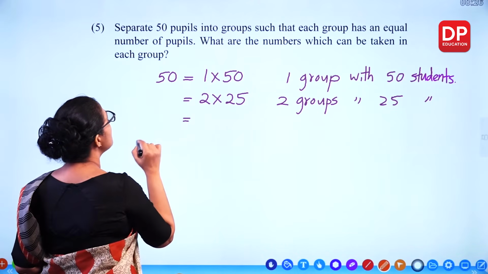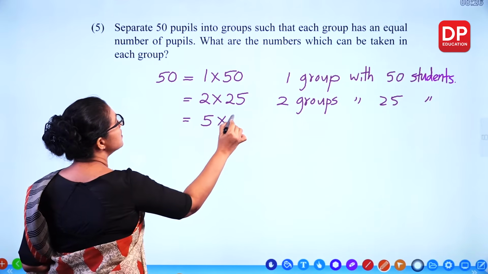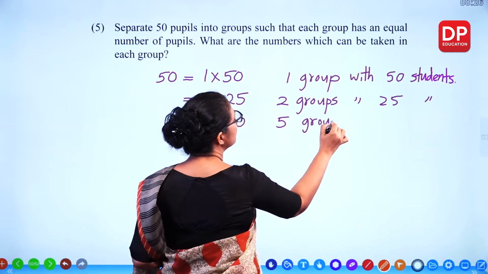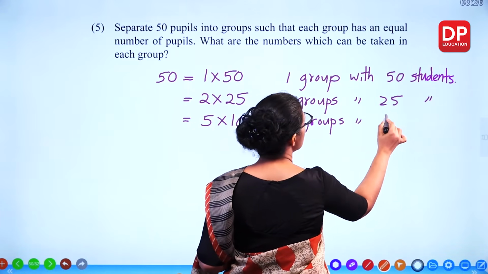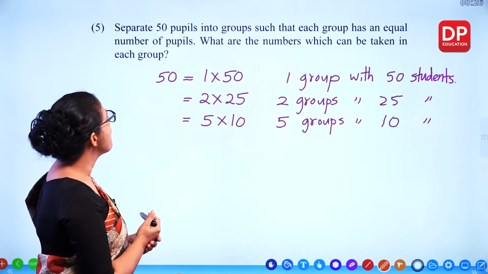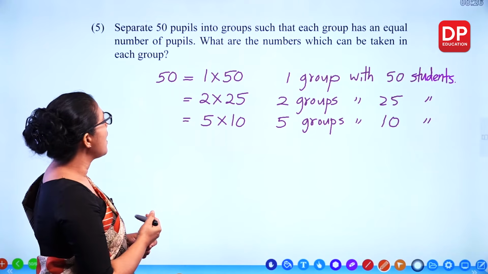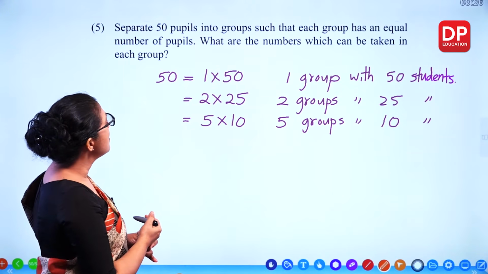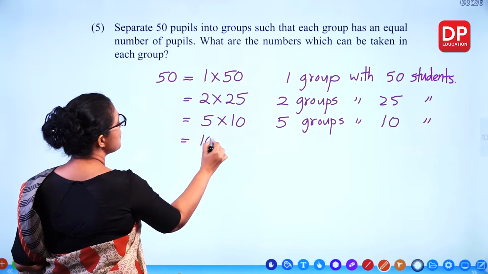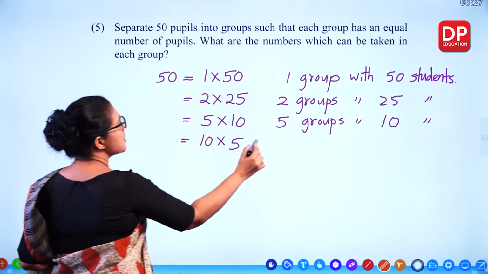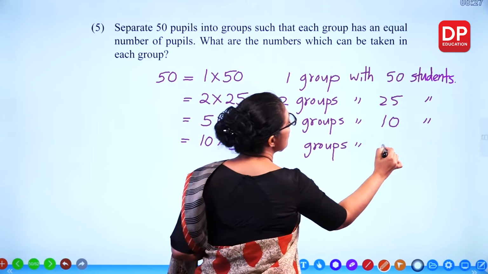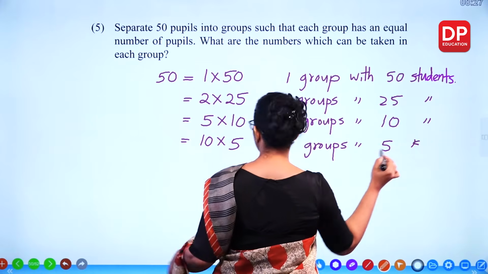And this is divisible by 5. 5 times 10. 5 groups, each 10 students. So those are the possibilities, and the other way around is also possible. 10 times 5. 10 groups with 5 students each.